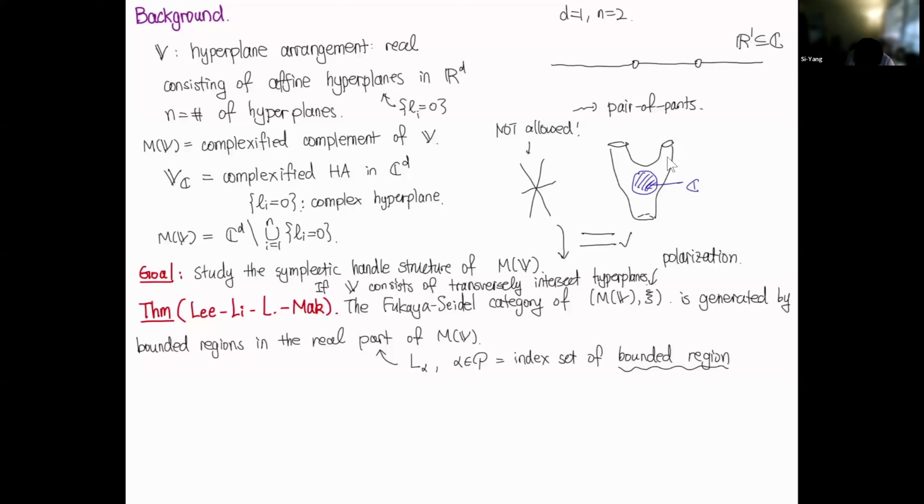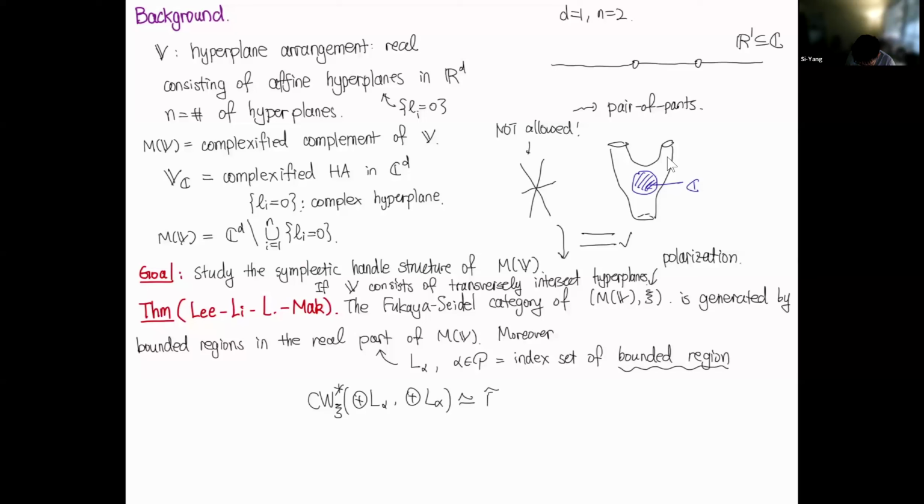And moreover, we can compute the Floer cohomology of the direct sum of these bounded Lagrangians, and it is actually formal, which means the differential is 0 and all the higher A-infinity structures are all 0, so this is only an algebra.